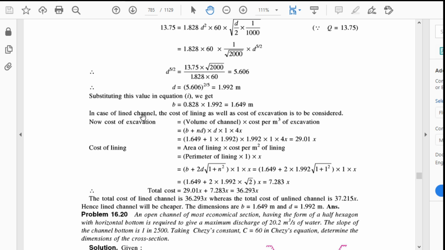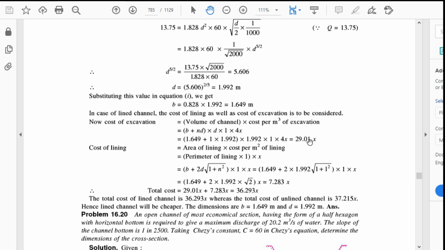So the cost of excavation will be calculated as before: volume of channel into cost per meter cube of excavation. Here the volume will be changing because the D and B values have changed, so the cost of excavation will be 29.01 times x.